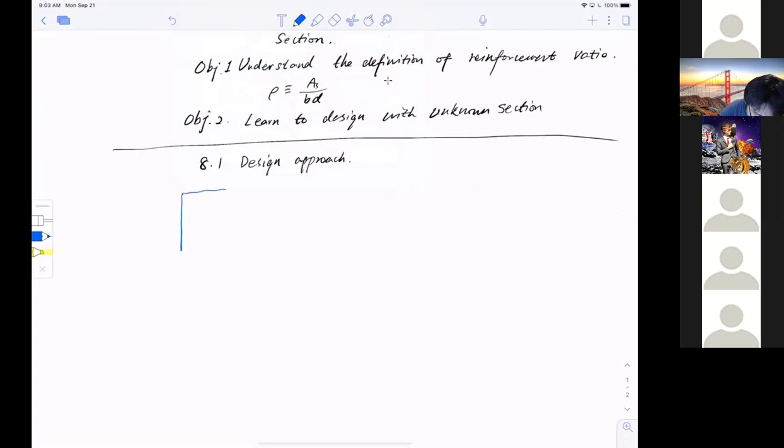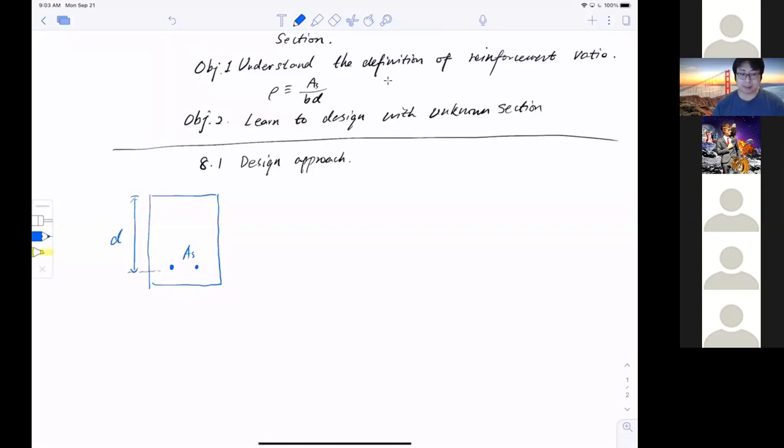I have a rectangular section, nice rectangular section, no surprise, okay? And I have reinforcement at the bottom, and a height h, but for now, let me just care about the depth d. And of course, I have a width of b.